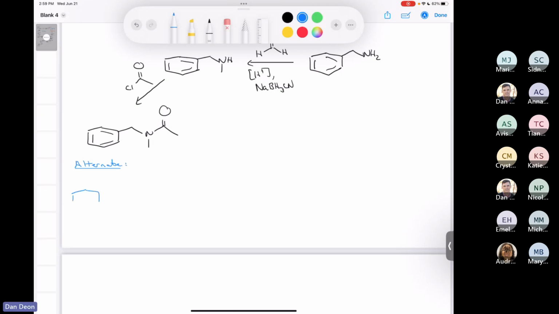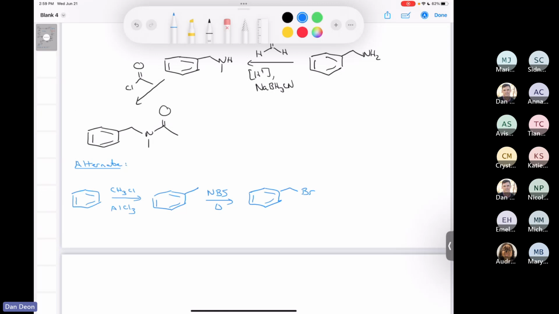If you start with benzene, you just convert it to toluene using Friedel-Crafts alkylation. So you'd use methyl chloride and aluminum chloride, and that would make toluene. Then you can do a benzylic bromination using NBS. That's a reaction we don't use a lot in this class, but NBS will do a benzylic bromination. So you use NBS and you heat it up, and that will make benzyl bromide.